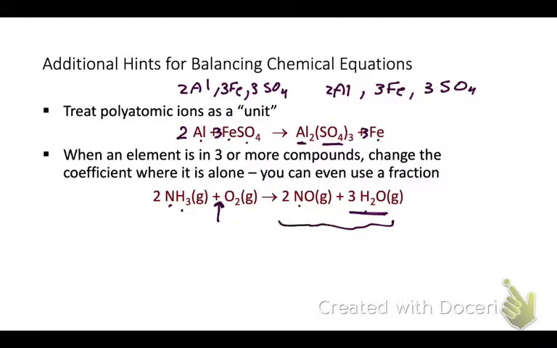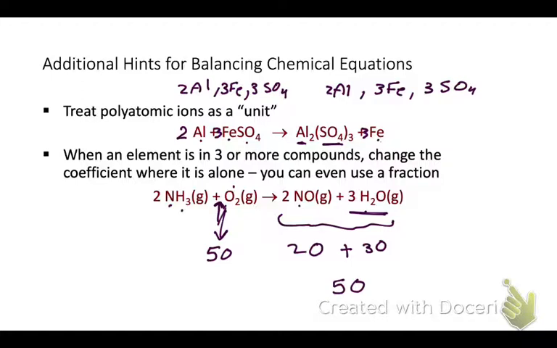I'm going to say, okay, on the product side, I have 3 oxygens coming from water and 2 oxygen coming from nitrogen monoxide. Together, that is 5 oxygen. Now, I need 5 here as well, right? Now, I need 5 oxygen to come out of this. However, I have O2, so which means 2 oxygen.